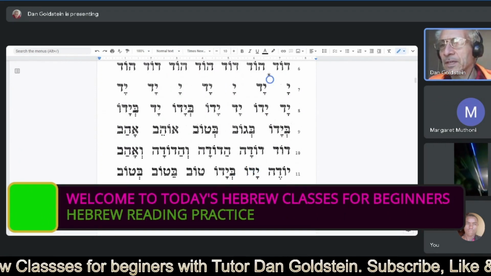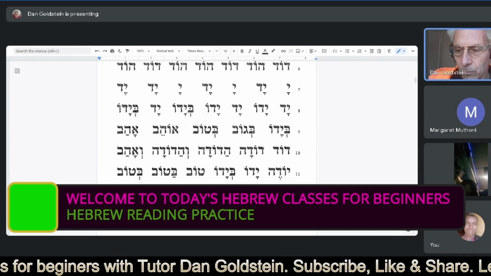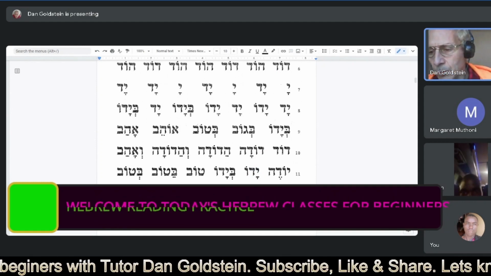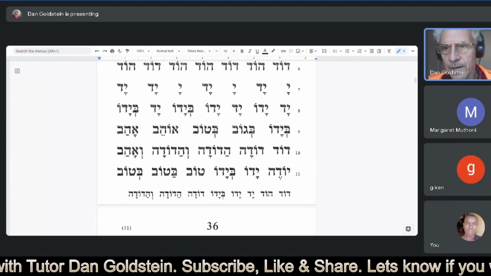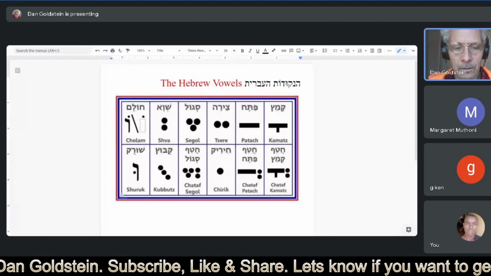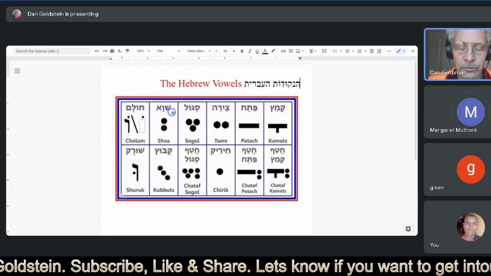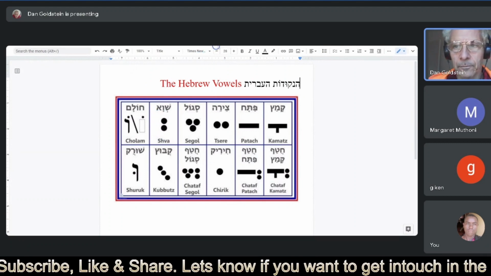But let me give everybody a little bit of an introduction or a review of what's called a vocal schwa. The schwa is two dots underneath the consonant.